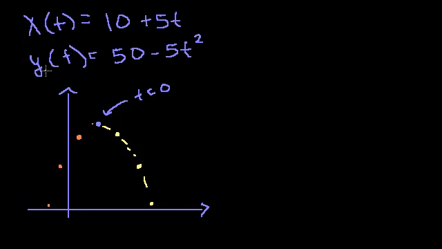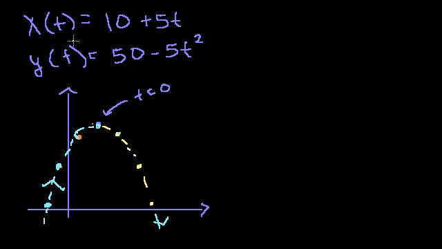So the whole curve described by this parametric equation will look something like this. Let me do it in a different color. It'll look something like this. And the direction as t increases looks like this. Right? This is t equal to minus 3, minus 2, minus 1, 0, 1, 2, and so forth and so on.